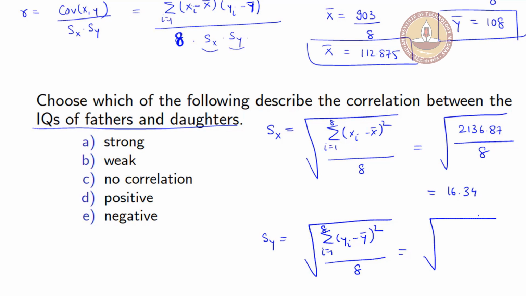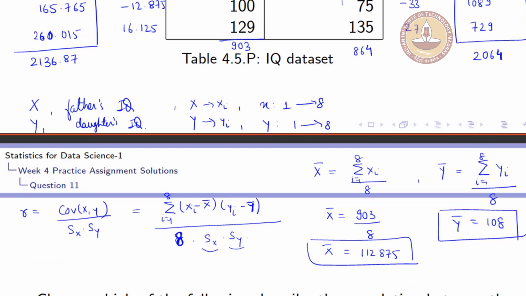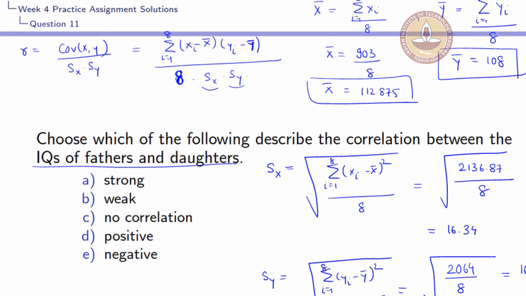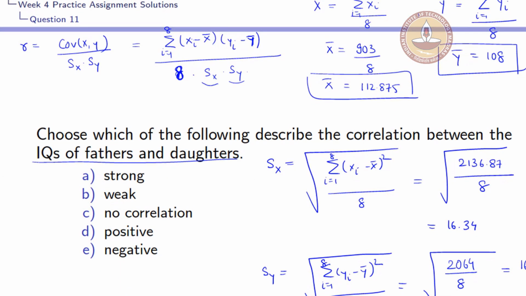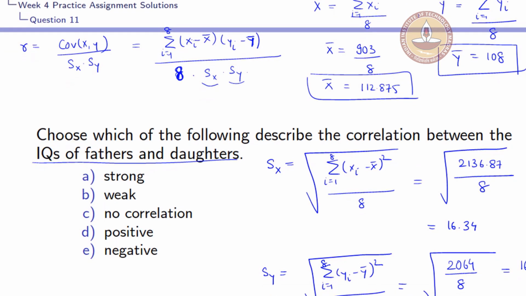That is 2064 divided by 8, and this is equal to 16.06. So as you can see, the deviation for the father's IQ and the daughter's IQ are nearly the same.